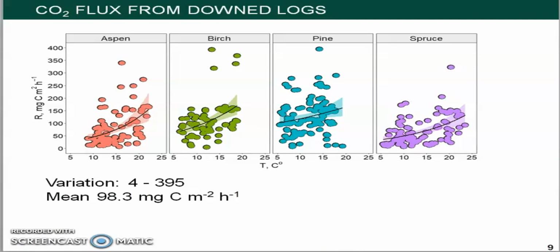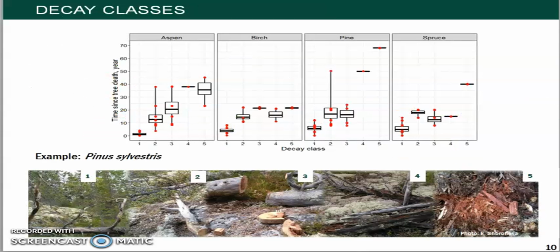For coarse woody debris, the fluxes were tree species specific and dependent on temperature, air temperature, or more specifically wood temperature. And another source of variation was related to the degree of decomposition. So decay class explains a lot in the variation of CO2 fluxes.